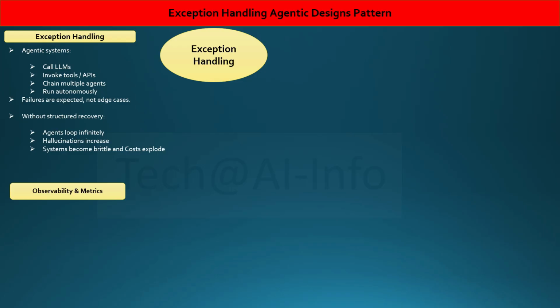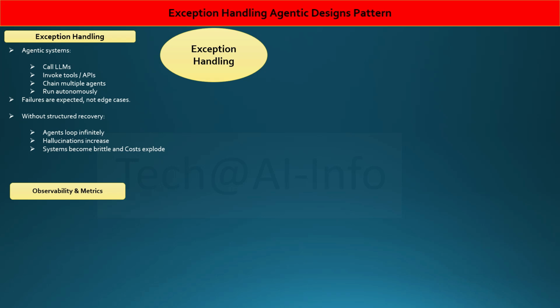Next is observability and metrics. Observability means measuring what agents actually do when things go wrong. Why is observability non-negotiable for agents? Agent systems reason instead of following fixed code paths.